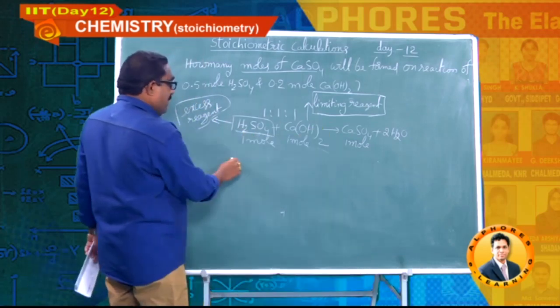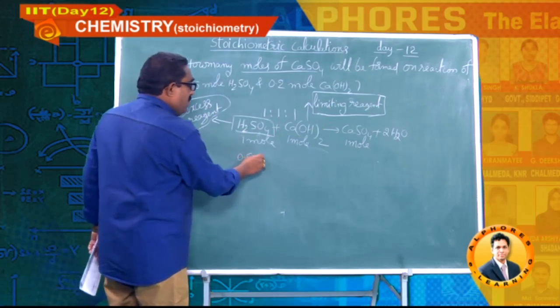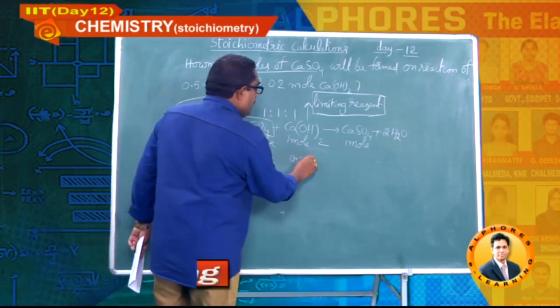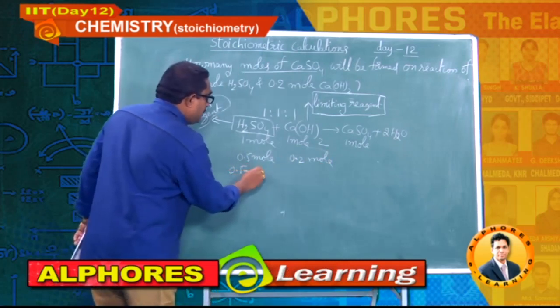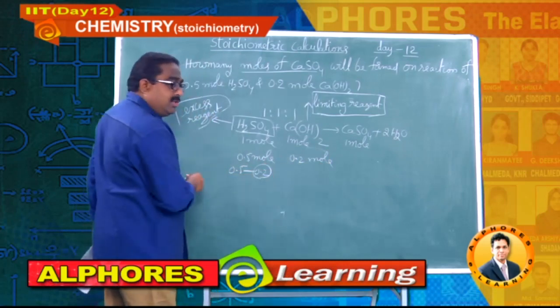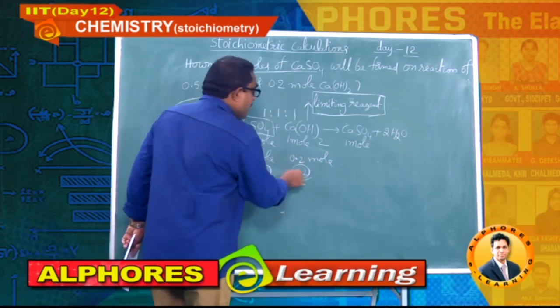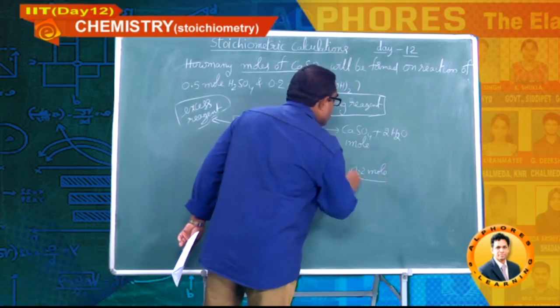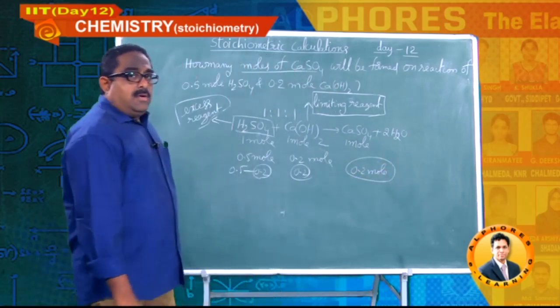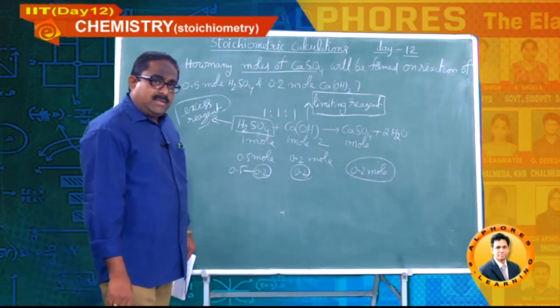The given moles are 0.5 moles. Here 0.2 moles. Just now I have discussed all these things. Out of this, 0.2 will be consumed here, 0.2 will be consumed here, and the produced moles is 0.2 moles. Please note it down, students.